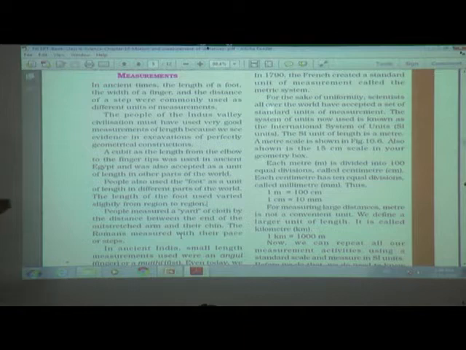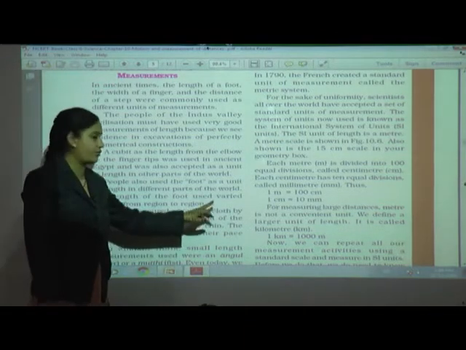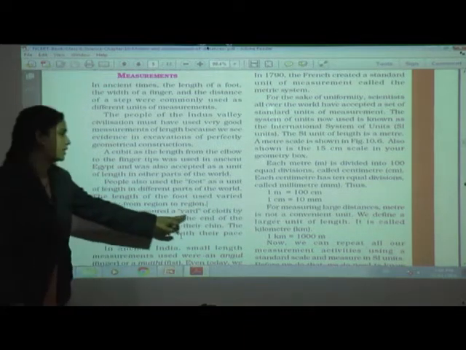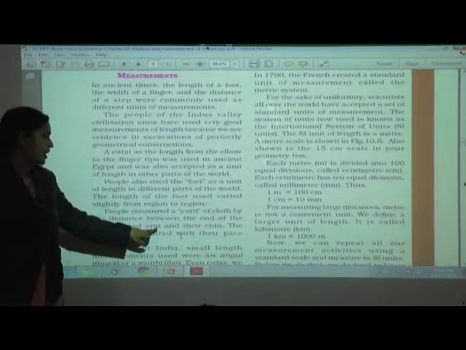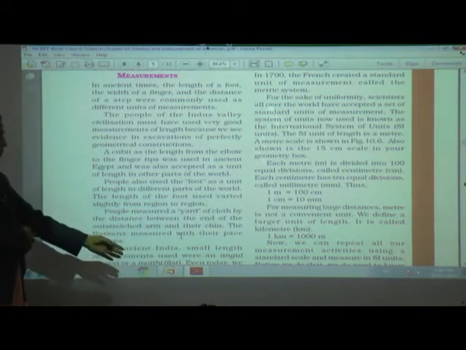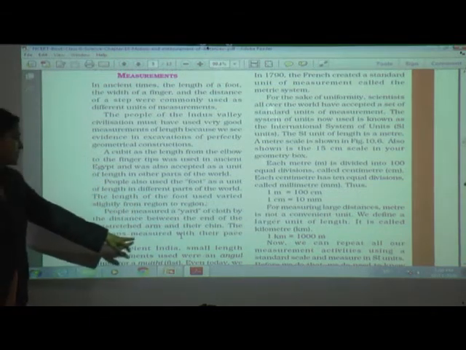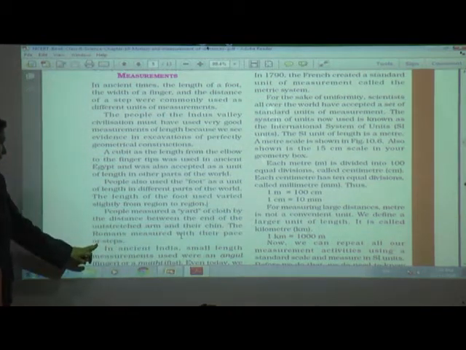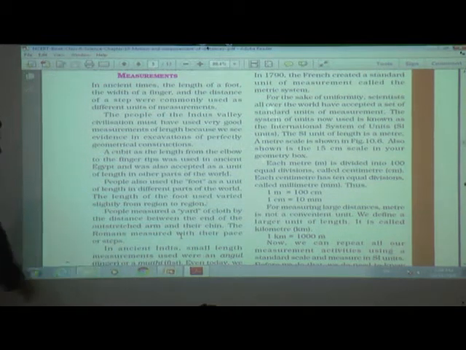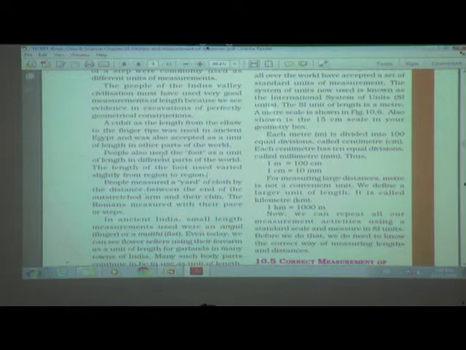So students, here people measured a yard of cloth by the distance between the end of the outstretched arm and their chin, like this. The Romans measured with their pace or steps. Now students, this measurement is different from region to region or man to man.